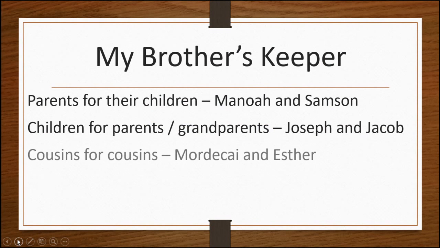Here's another one to consider. How about Mordecai and Esther? When we consider Mordecai and Esther, they have kind of an unusual relationship. This is actually one of the few times where we have a family where there's not married parents involved. Instead it's the idea of a family where it's a man who's bringing up a girl, and it doesn't indicate necessarily that he has a wife.